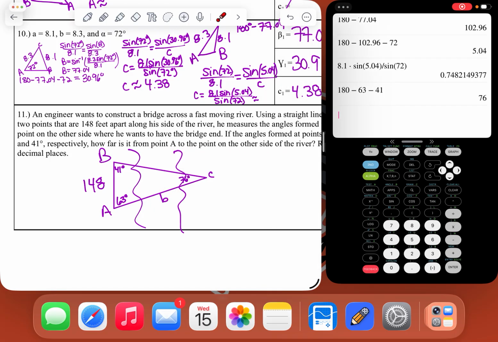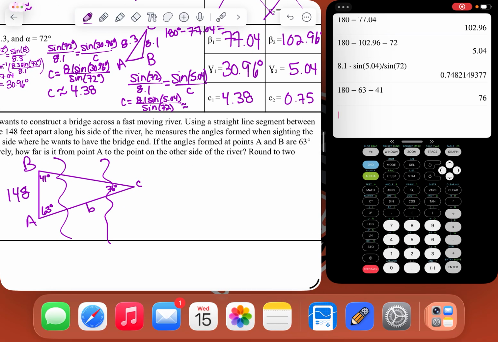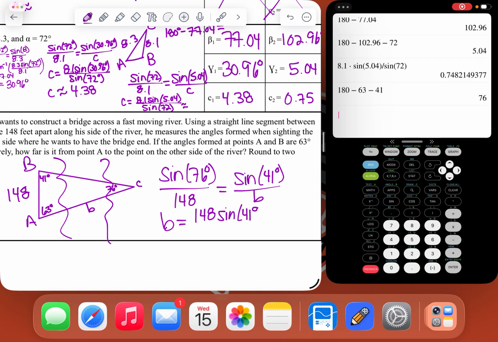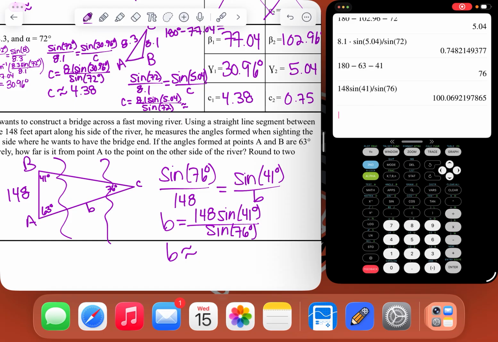So this would be length B because it's across from angle B. So we'll set up the sine of 76 degrees divided by the 148 they gave us in the problem equals the sine of 41 degrees over length B. So B is going to equal 148 times the sine of 41 degrees divided by the sine of 76 degrees. So then B is approximately 100.07 feet.